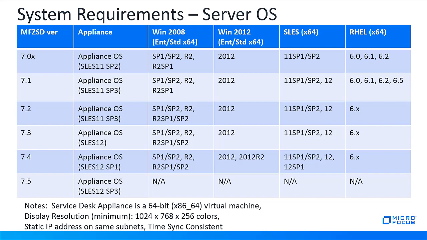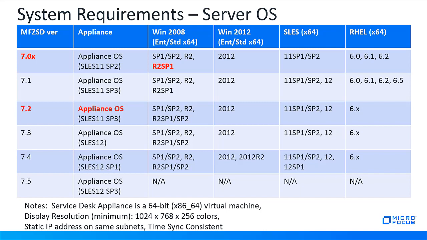Since version 7.5 is an appliance-only model, we can strategize on how to get to version 7.5 with the least amount of component upgrades. Remember, we must go in increments of 2 subversions at a time. For server operating system, we have version 7.03 installed, on an OS Windows 2008 R2 SP1.